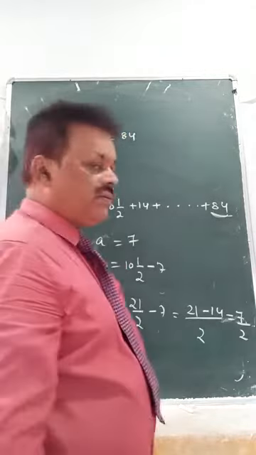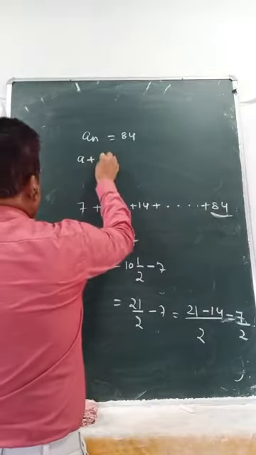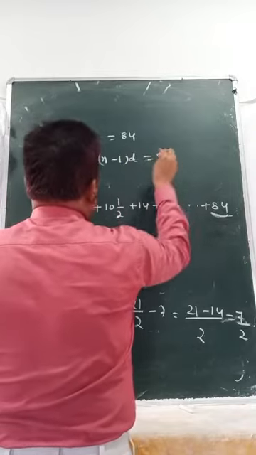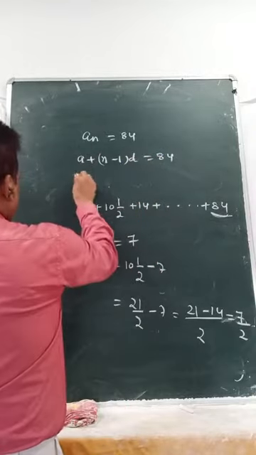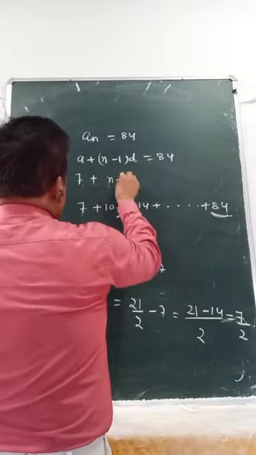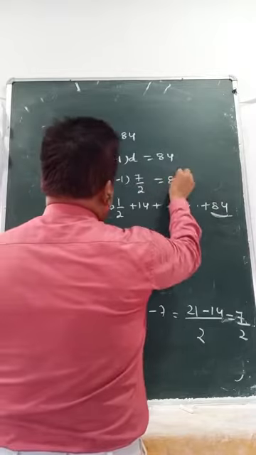What is the formula of an? a plus n minus 1 into d equals 84. 7 plus n minus 1 into 7 by 2 equals 84.